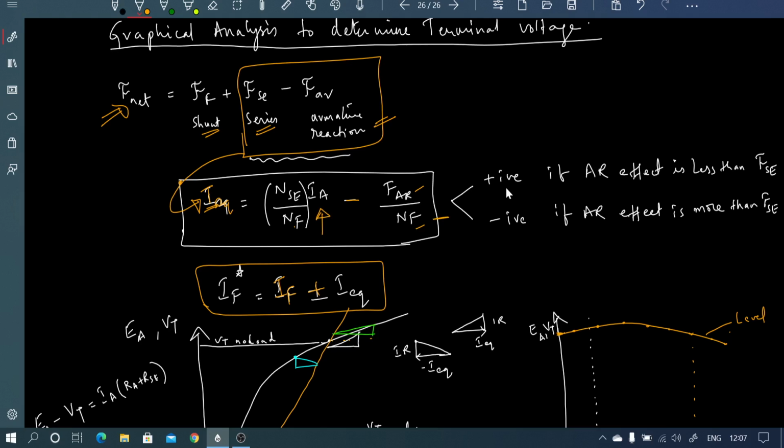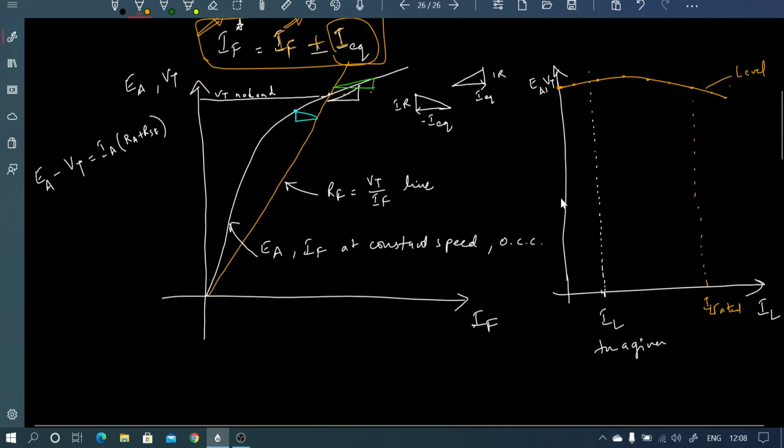And I_EQ is negative when the armature reaction is more. So depending upon the sign of I_EQ, the overall equivalent field current will be either subtracted from or added to the existing field current. Okay.